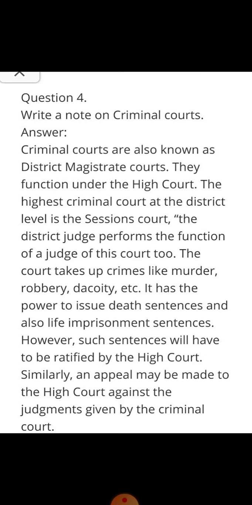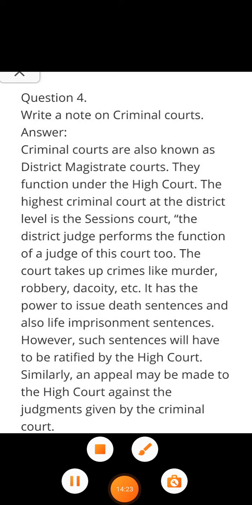It has the power to issue death sentences and also life imprisonment sentence. However, such sentences will have to be ratified by the High Court. Similarly, an appeal may be made to the High Court against the judgment given by the criminal court.